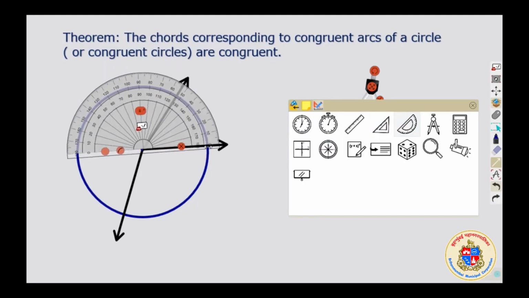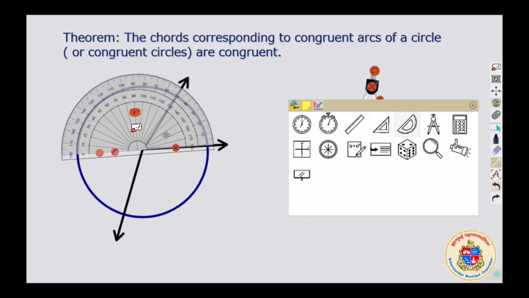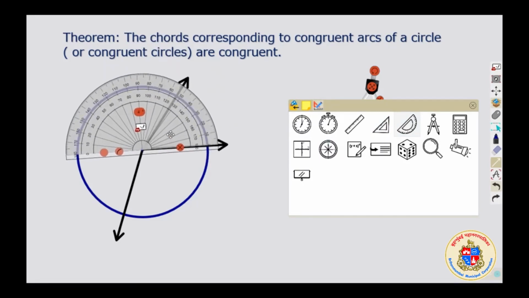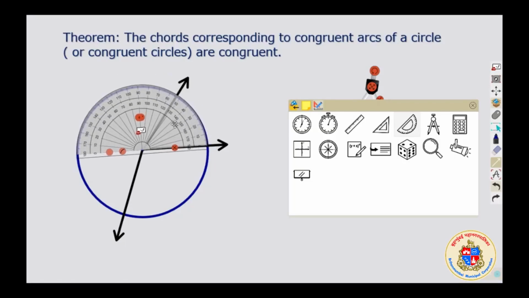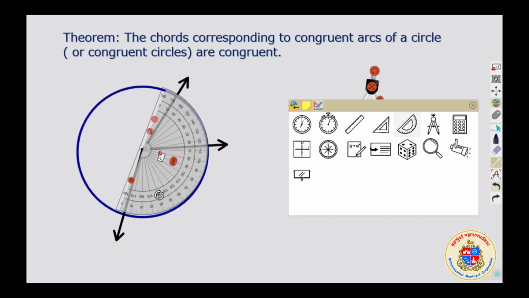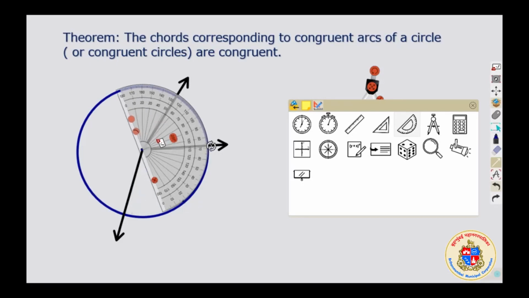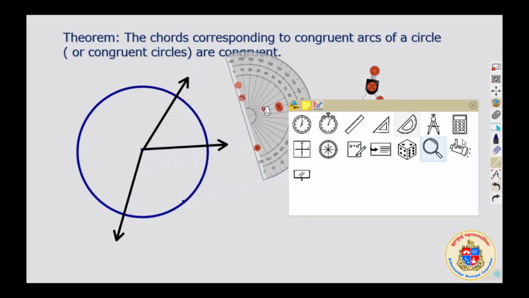This is 54 degree. The same measurement I need here for the other arc also. So I will mark 10, 20, 30, 40, 54 degree. Okay, the marking is done.